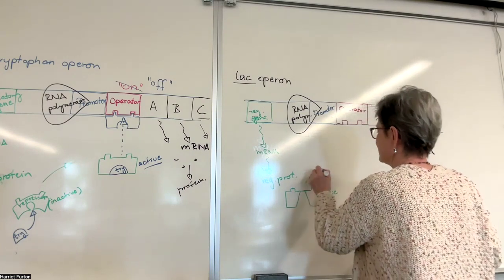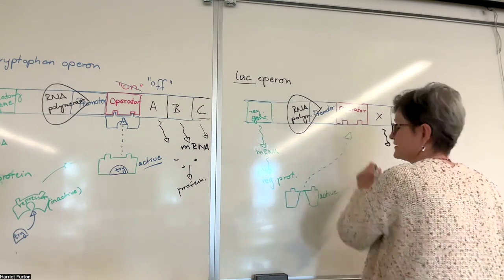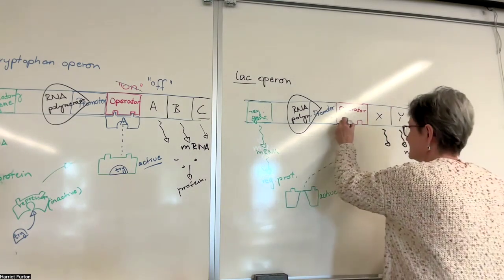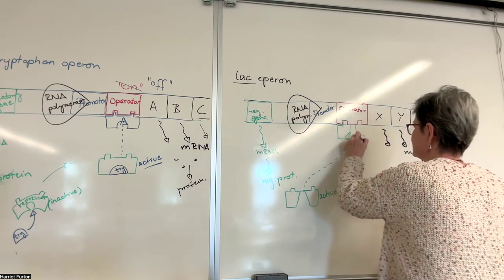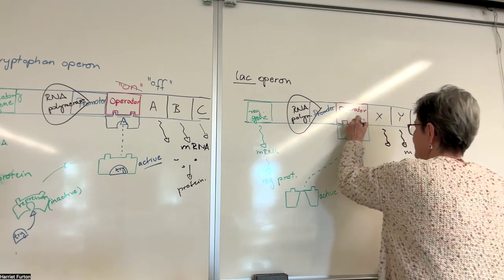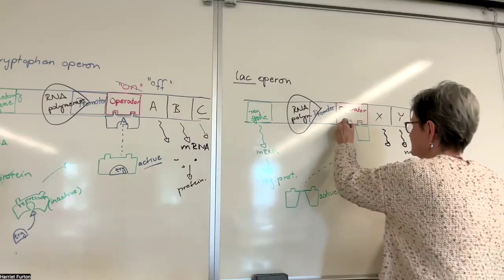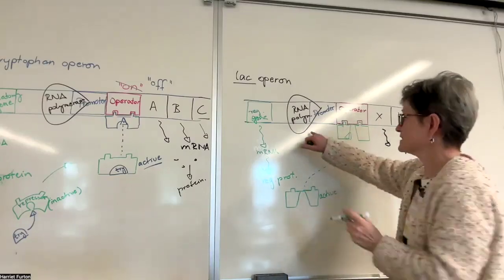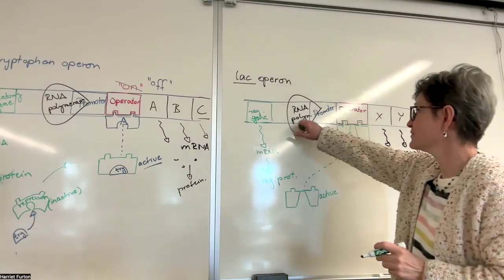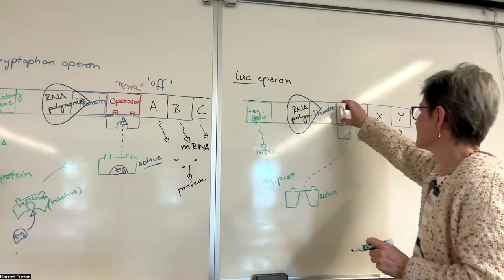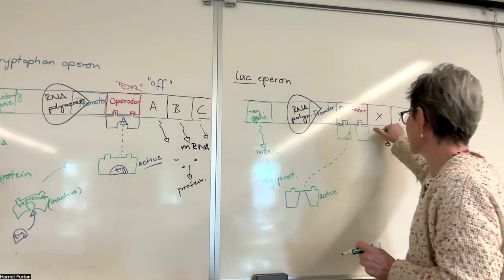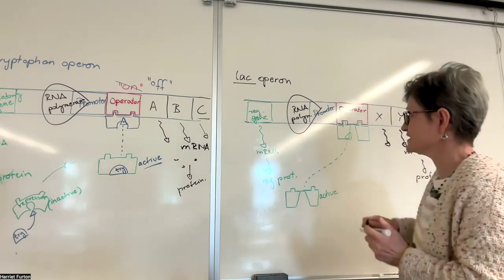Normally, this regulatory protein is active. That means it goes here to the operator segment and sits in the operator segment and does not let the RNA polymerase leave the promoter region through the operator region to transcribe the X, Y, and Z genes.